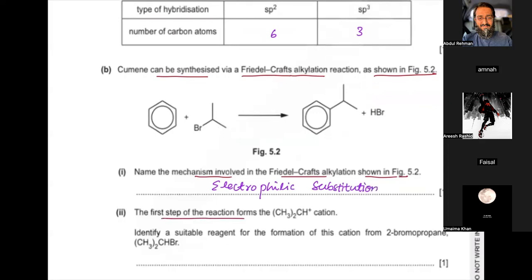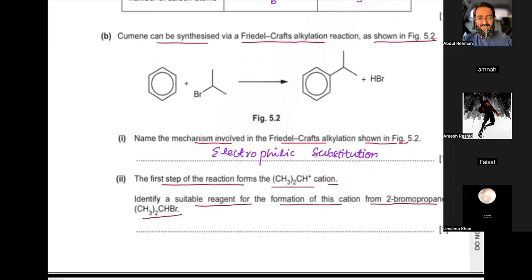Now, the first step of the reaction forms this cation. Identify a suitable reagent for the formation of this cation from 2-bromopropane. So it's not bromine, but you can use anhydrous AlBr3, FeBr3, AlCl3, FeCl3.